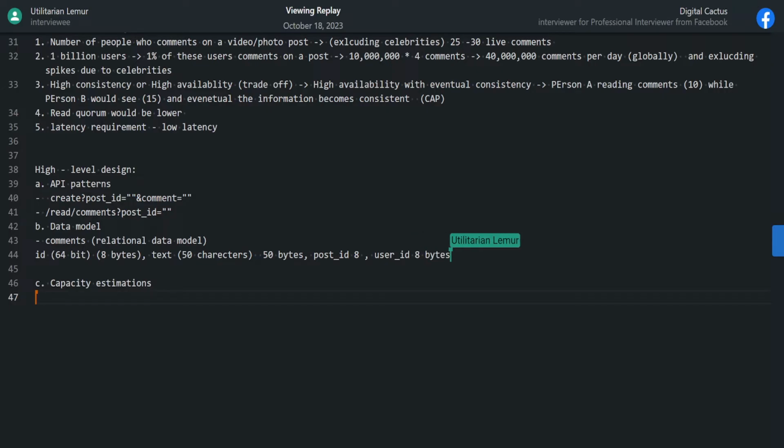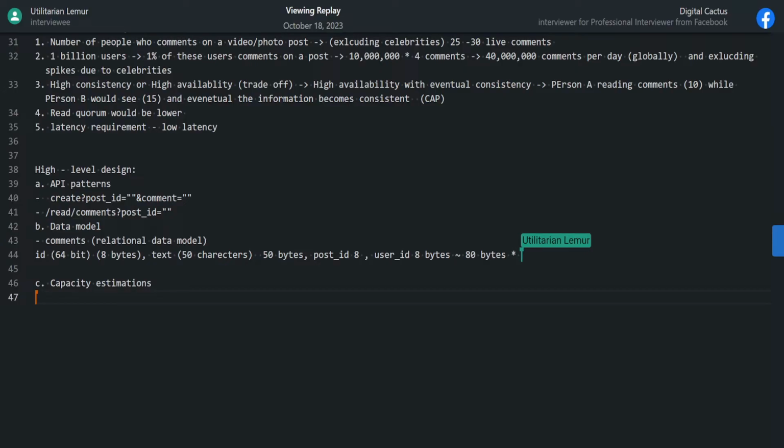Time check, I still have only 24 minutes, so 50, 50, 60, 66, 74. I'm going to approximate it to 80 bytes just so that I have a nice even number that I'm working with.